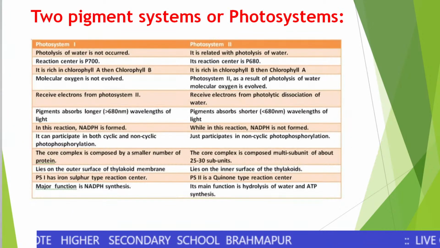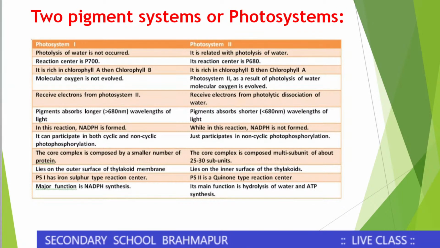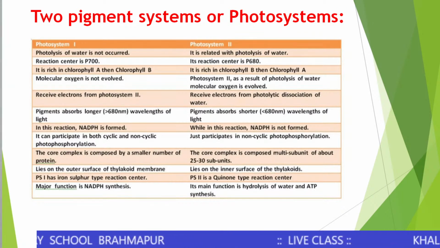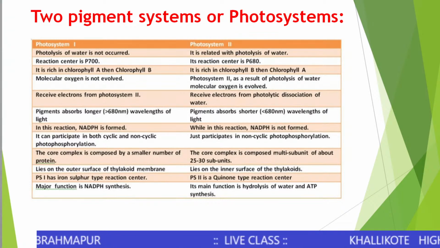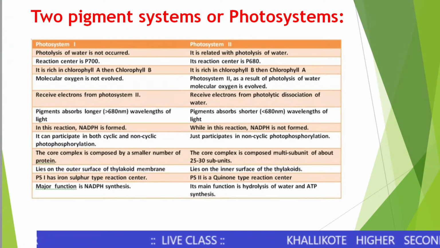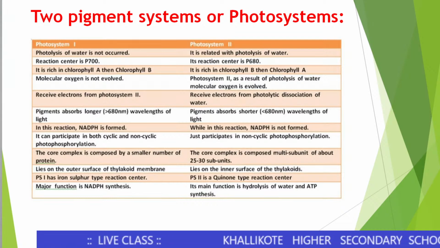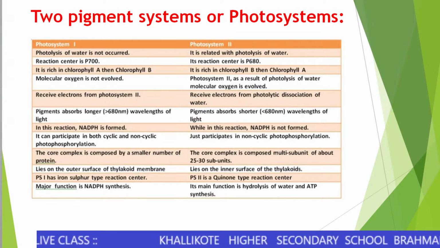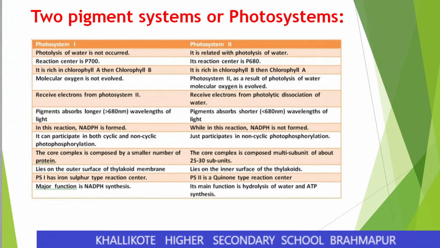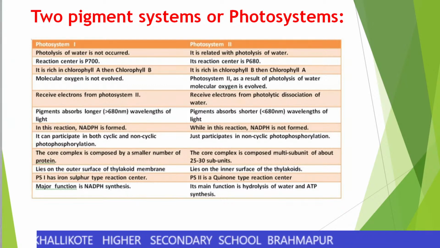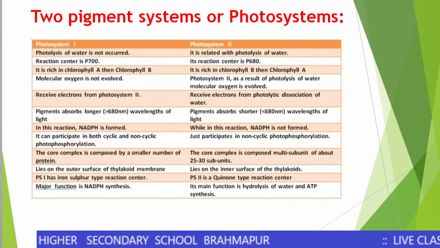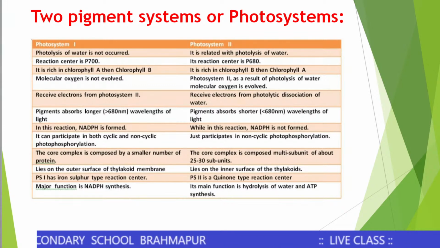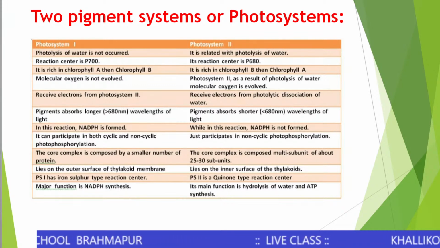What are the differences between these two pigment systems, photosystem 1 and photosystem 2? The reaction center chlorophyll molecule is P700 in photosystem 1, whereas it is P680 in photosystem 2.